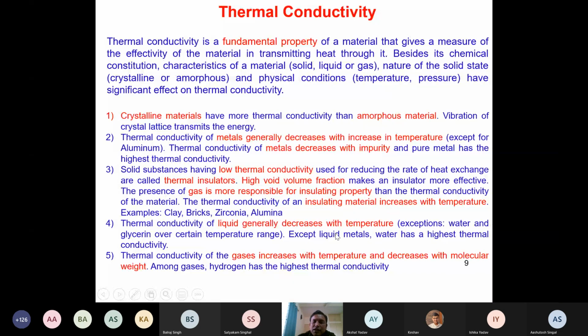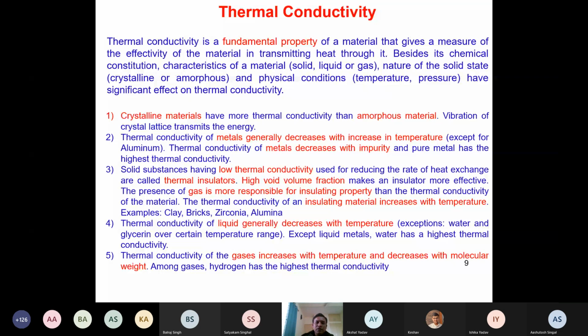So the insulating materials are mostly foamy materials where the effective thermal conductivity is lower because of the gas entrapped in the voids, and since the thermal conductivity of gases is lower compared to the material, overall the thermal conductivity of the complete material is lower.